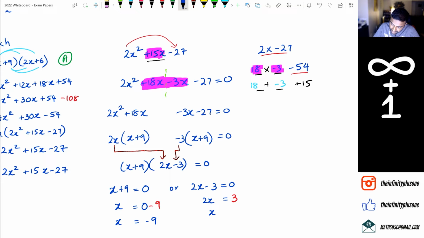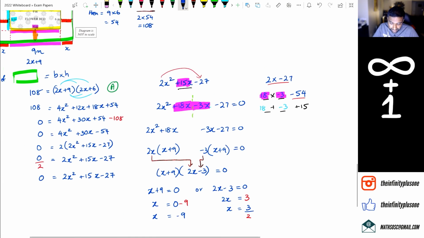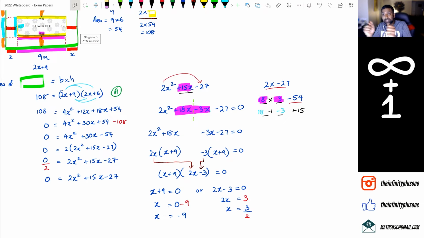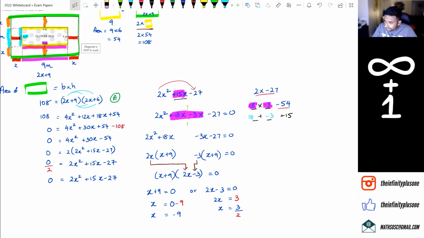And then x is equal to 3 divided by 2. Now, remember that we are looking at a garden where the border is increased by x, which means it has to be a positive number. It can't be a negative number. So you've got to make a statement, something like, therefore, x is equal to 3 over 2, as x can't be negative.